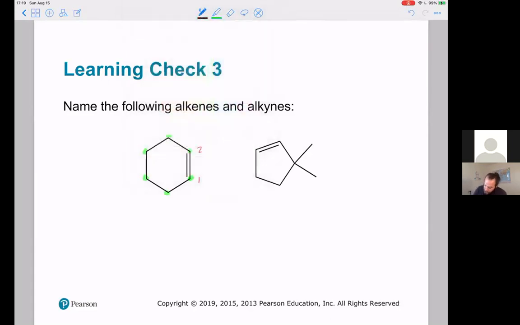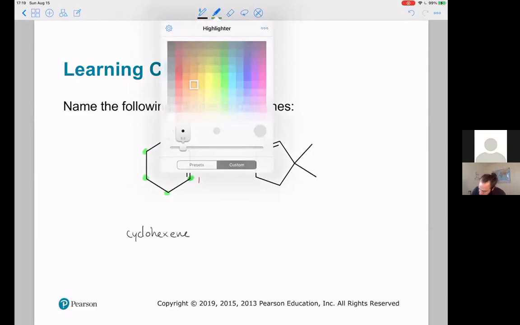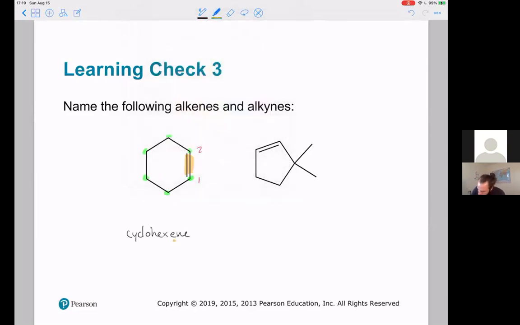So this would be cyclohexene, right? Where it gets that ene because of the double bond. It's not the greatest sin in the world if you said 1-cyclohexene, but again, we already know that that double bond is between carbons 1 and 2.